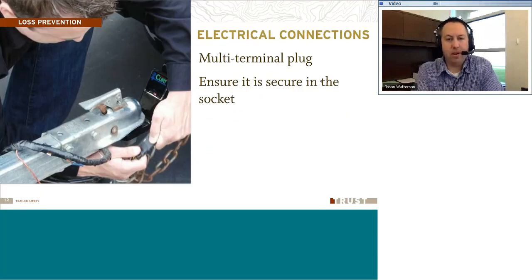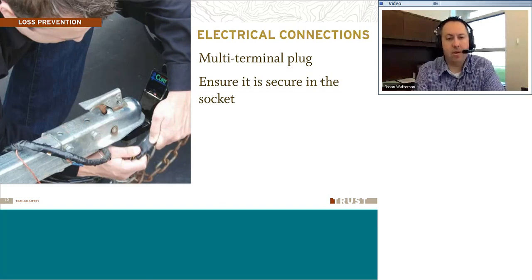The other thing that you want to look at on the connections are your electrical connections. So they have a multi-terminal plug. There's some that are a 4-pin. There's also the round type. Whichever type it is, you want to make sure that that thing is secure and in the socket, that the connections are tight, that they're together, and that your lights are going to stay on that trailer as you're driving down the road. So check those out.